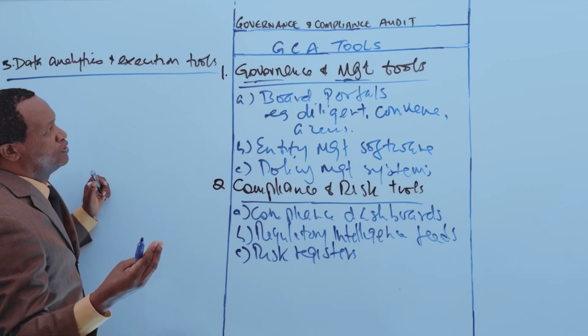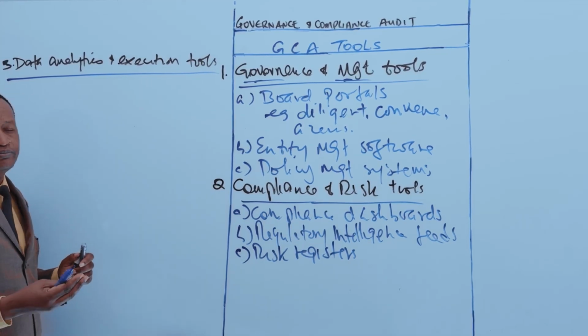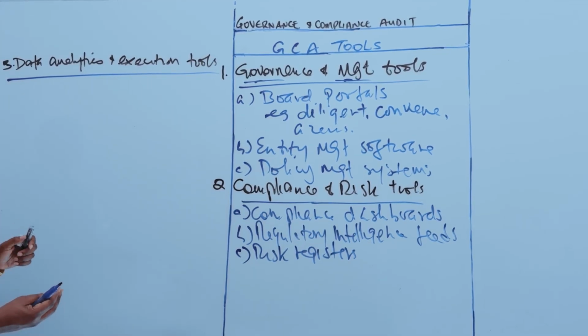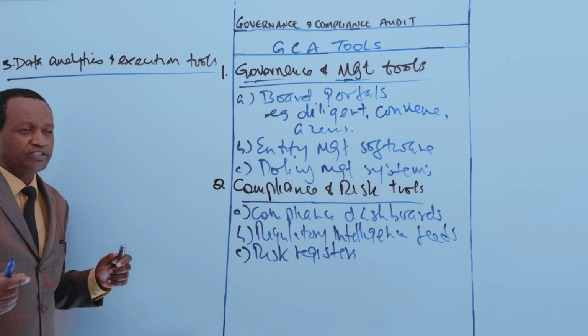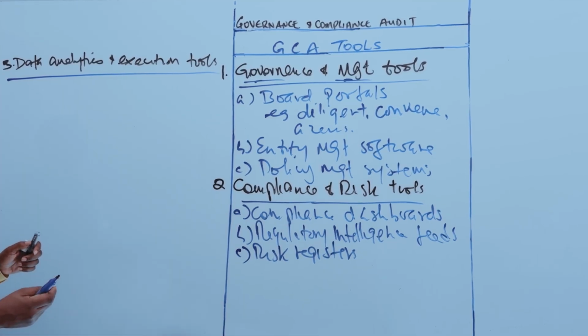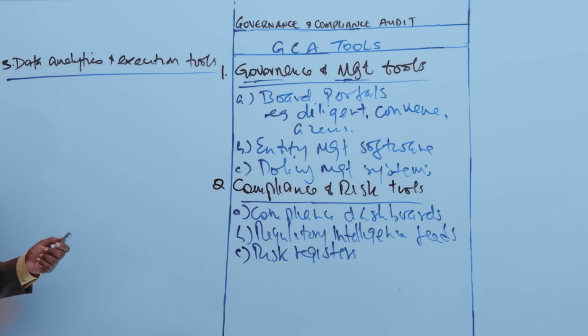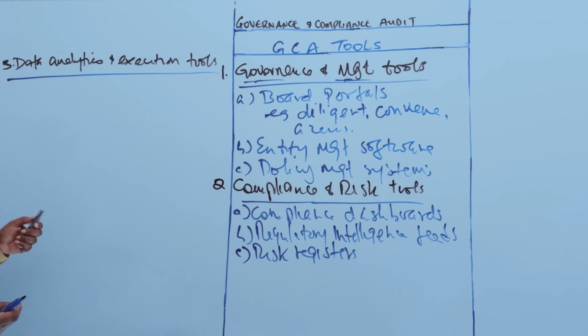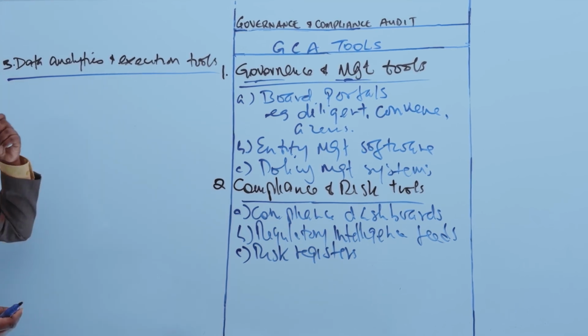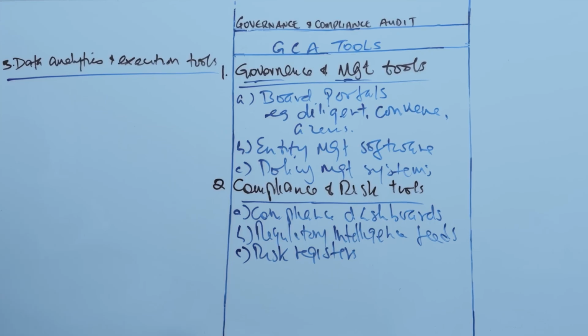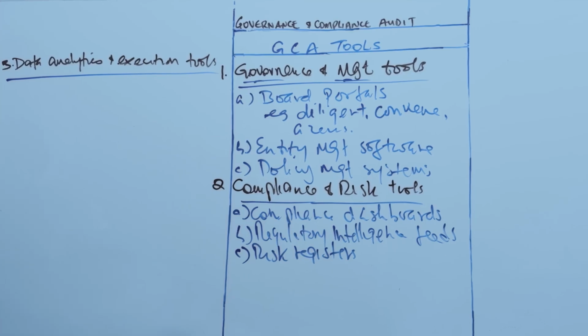Then number four is follow-up. So during the execution phase, the tools that are used are known as data analytics and execution tools. They are used during the execution phase to test the operating effectiveness of controls.